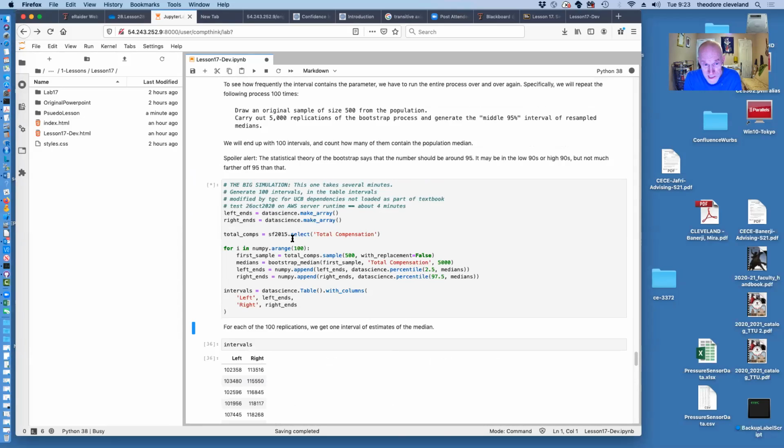And the reason it takes 4 minutes is it just wants to. So we're actually doing 500 times 5,000 times 100, fairly extensive operation. 5,000 times 500 times 100 operations that involve 36,000 things.